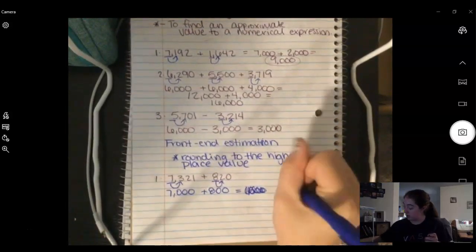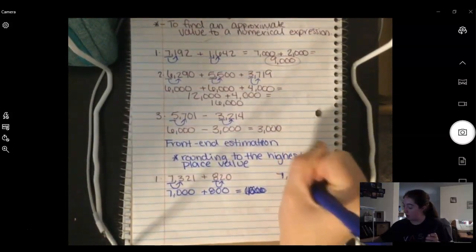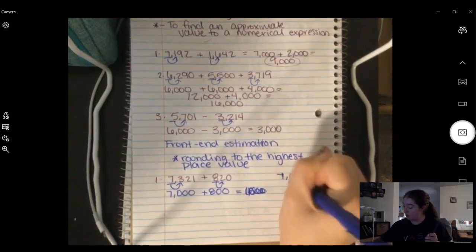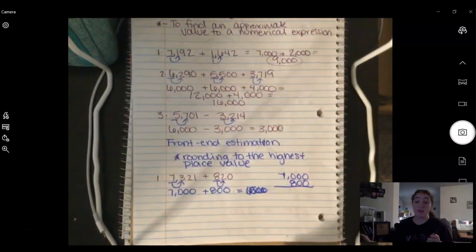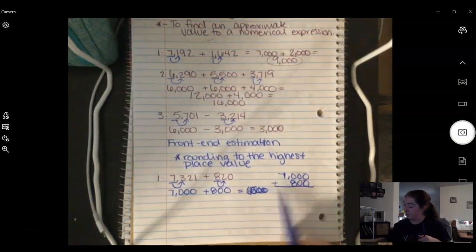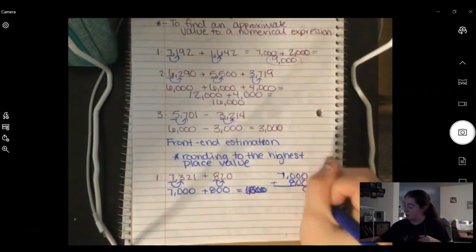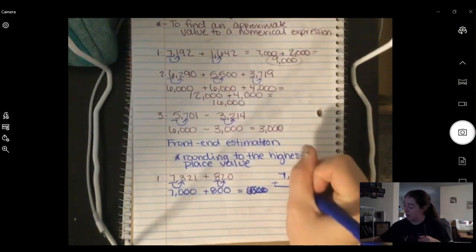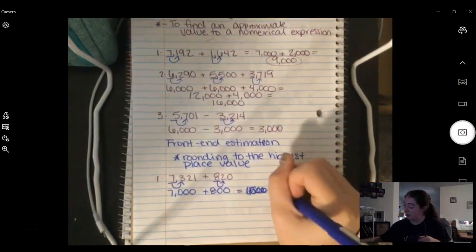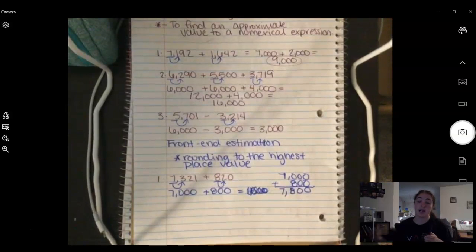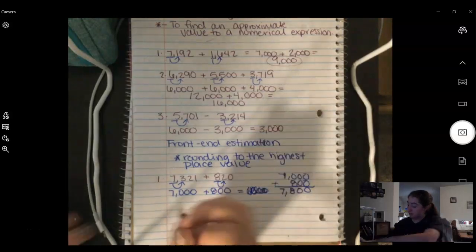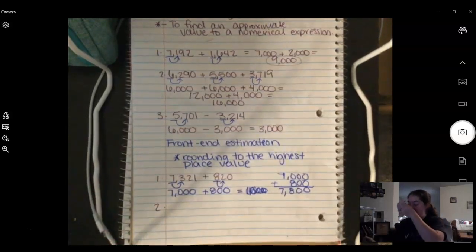See, even teachers mess up. I did it as if they were both thousands. They're not both thousands. All right, so if we line this up, we have 0 plus 0, 0 plus 0, 8 plus 0, and then 7 plus 0. So it's 7,800.